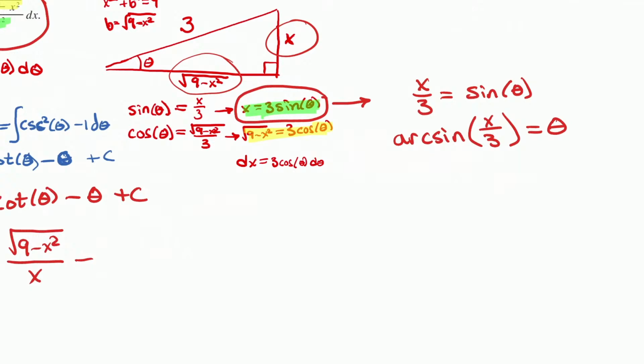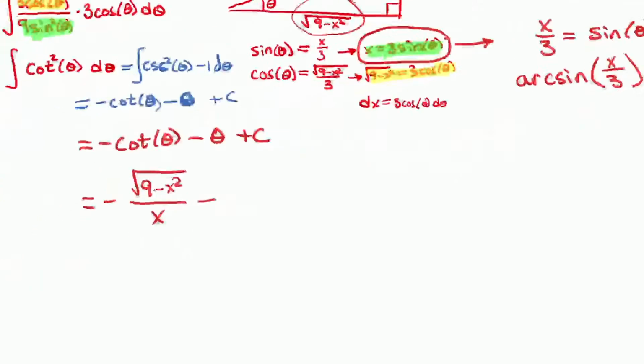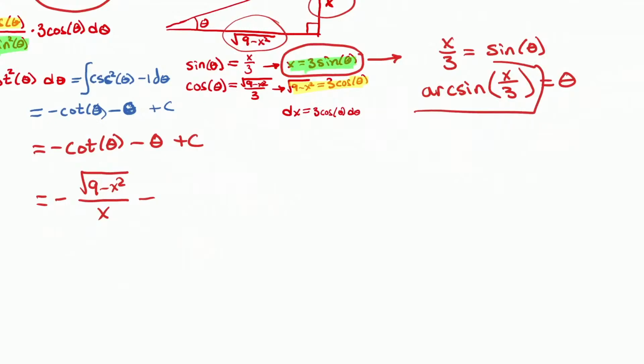So x has to be between -3 and 3. But if you accept those restrictions, this will serve as theta, arc sine of x over 3.